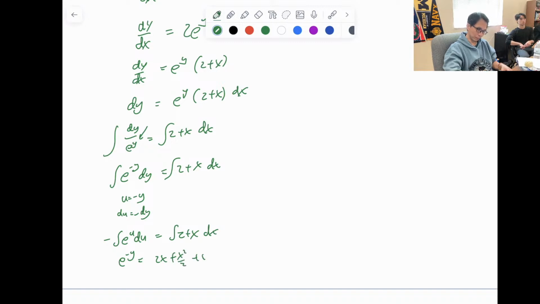Now I'm gonna isolate that, so that's gonna give you e to the negative y is equal to negative 2x, right? Negative 2x minus x squared over 2 plus c. C is not gonna change sign when you multiply by a negative sign. So now I can do natural log of both sides.